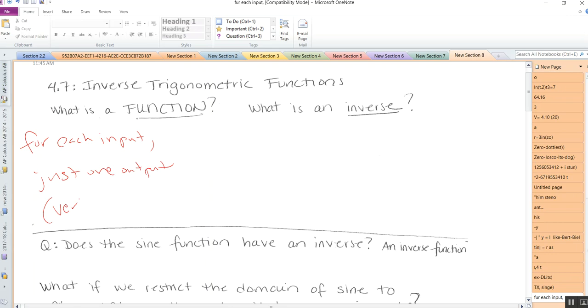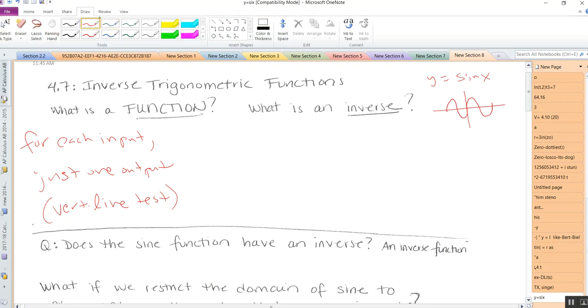Remember, you have to pass the vertical line test to be a function. For example, let's look at y equals sine x. If I were to graph that, hopefully you remember the graph of sine x looks like this. And if you draw vertical lines, you can see that they just cross once. So sine x is clearly a function.